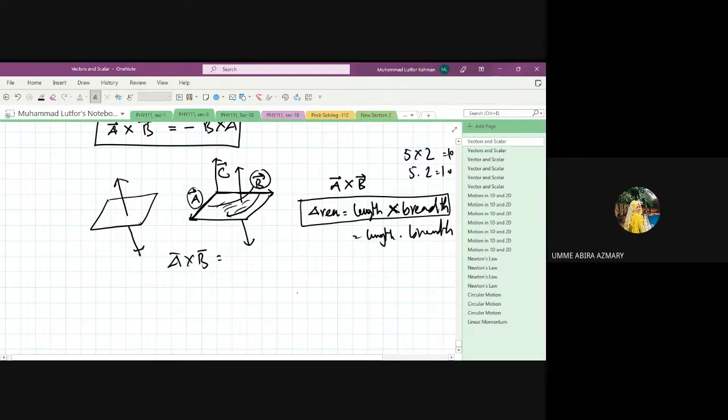Now, if I write A cross B dot C, what will it give me of the same room? Physically, what will I find out?